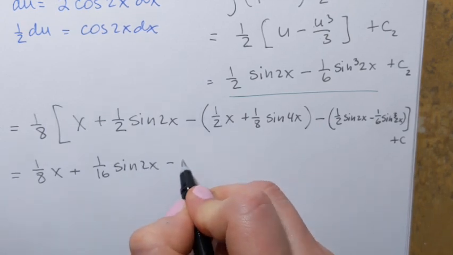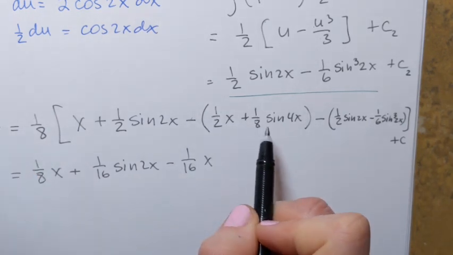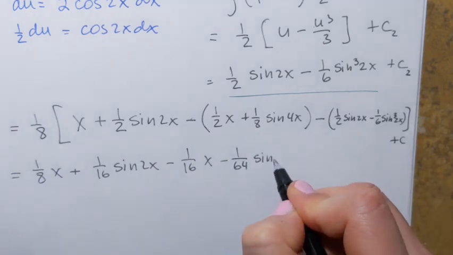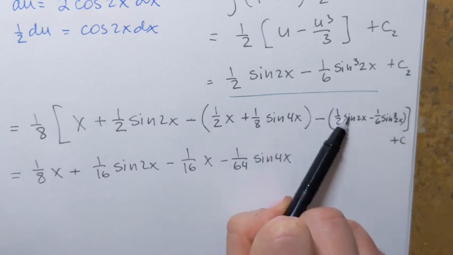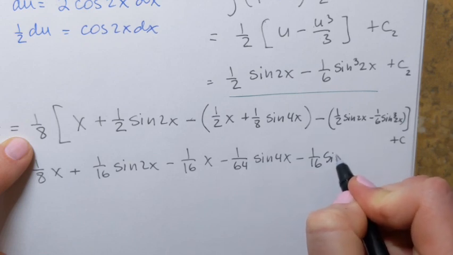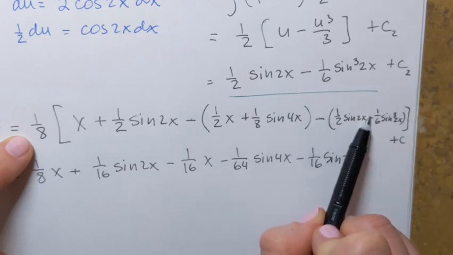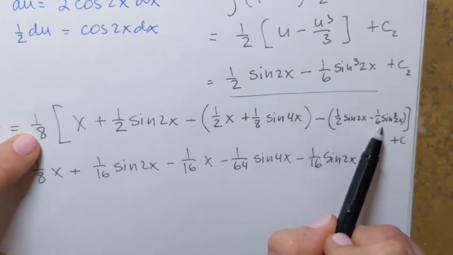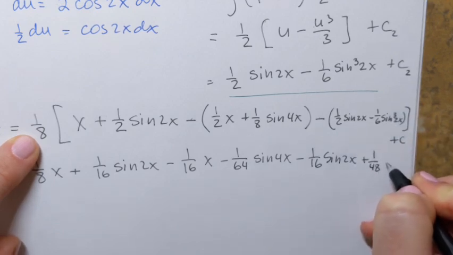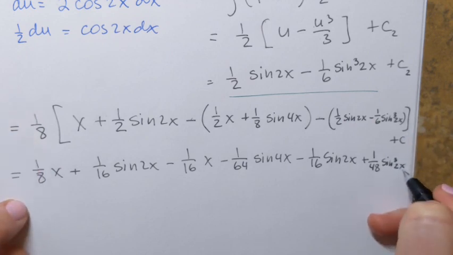That becomes negative, minus 1/16 x. That becomes negative. 1/8 times 1/8, 64, minus 1/64 sine 4x. That becomes negative, and coefficient 1/16, minus 1/16 sine of 2x. And the last one is negative times negative, which is positive. 1 over 8 times 1 over 6 is plus 1 over 48 sine cubed of 2x plus c.